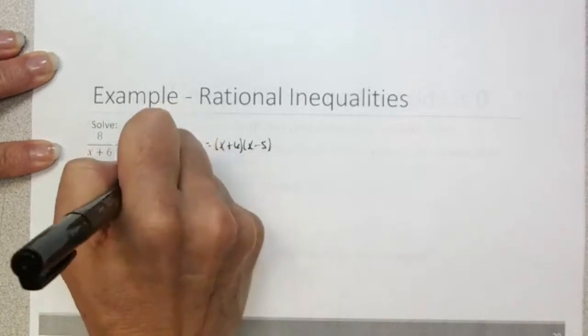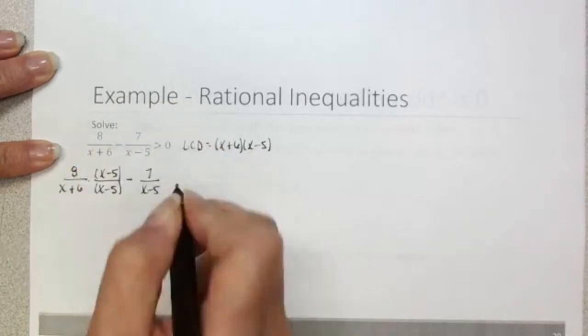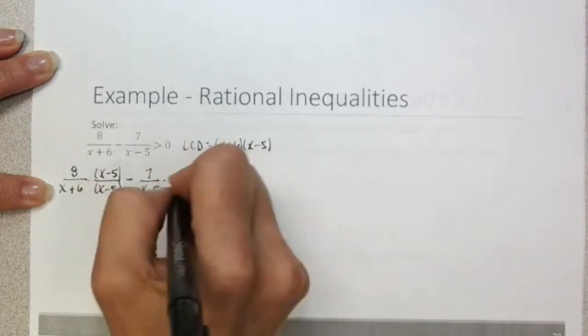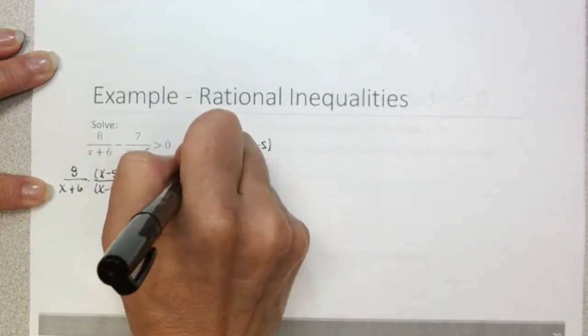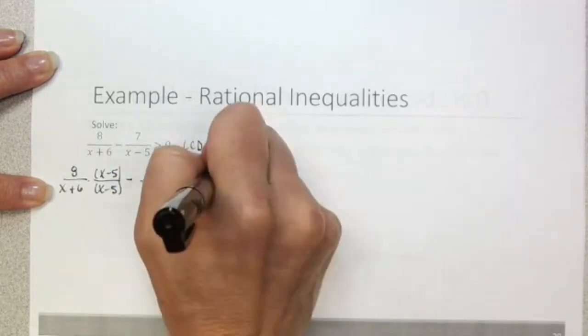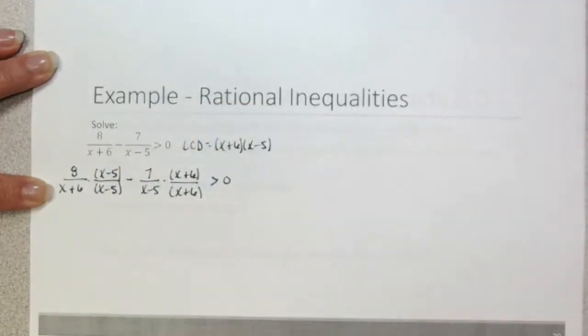And then the 7 over x minus 5 is missing the x plus 6 in the denominator, so I'm going to need to multiply that rational expression by x plus 6 over x plus 6. And that's going to be greater than 0.